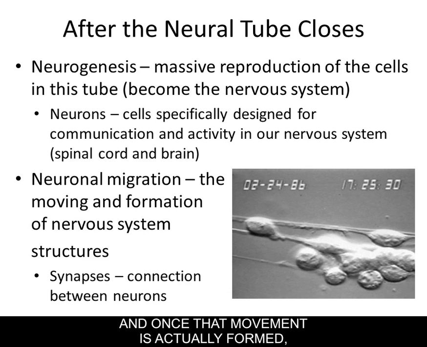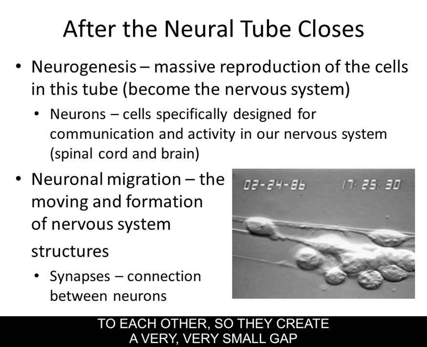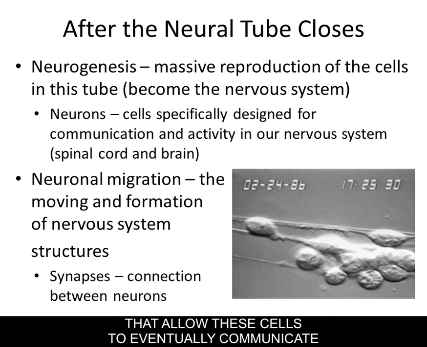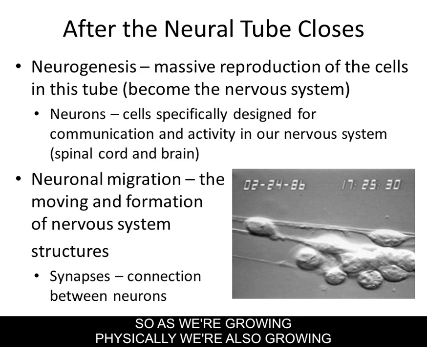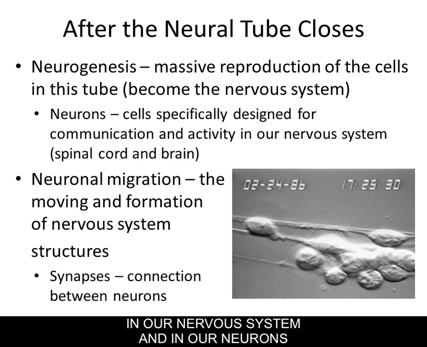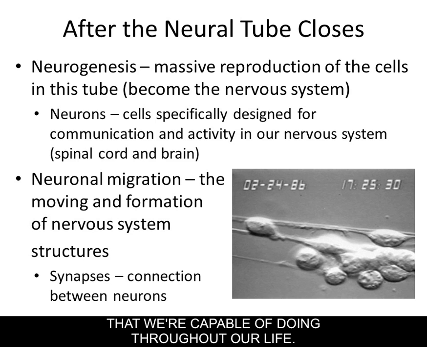And once that movement has occurred, these neurons will almost connect to each other. They create a very, very small gap between each of these cells that we call synapses, which allow these cells to eventually communicate with each other. So as we're growing physically, we're also growing in our neurons and in our nervous system. And that growth allows us to eventually do all of those dramatic things that we're capable of doing throughout our life.